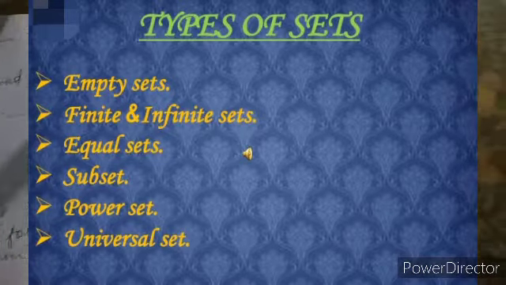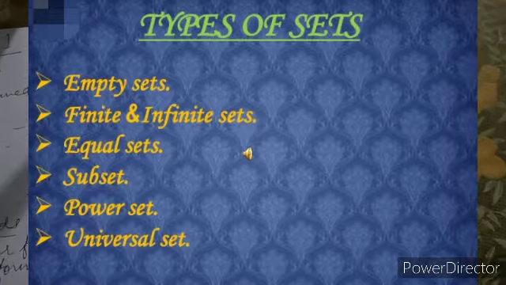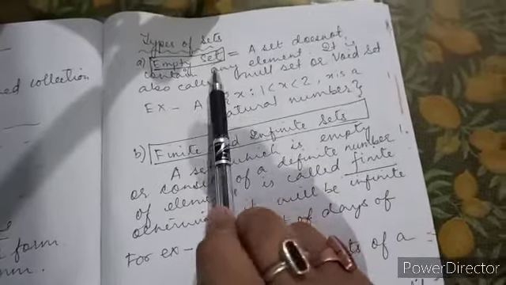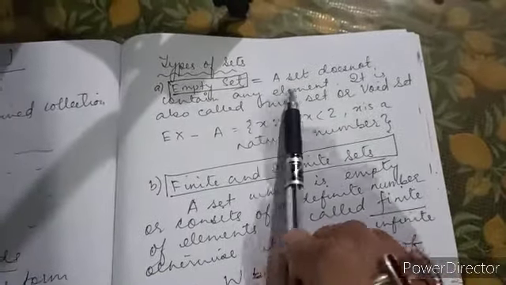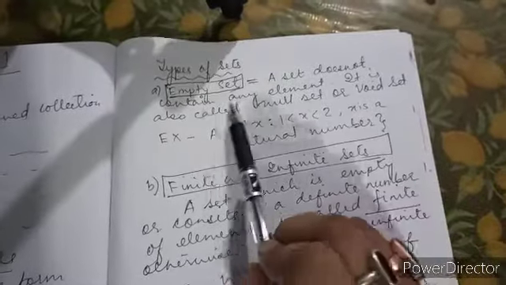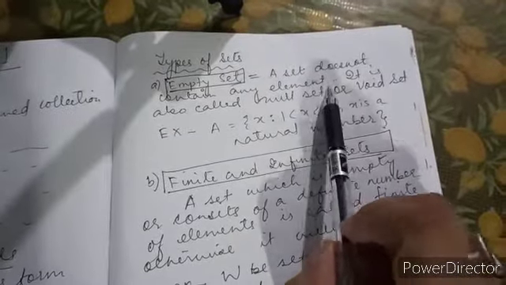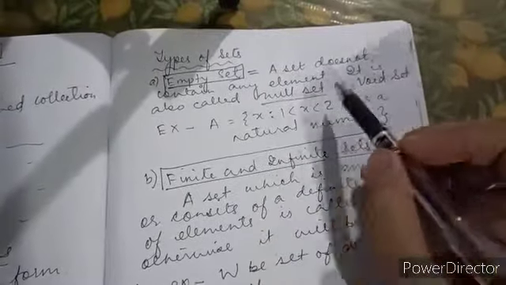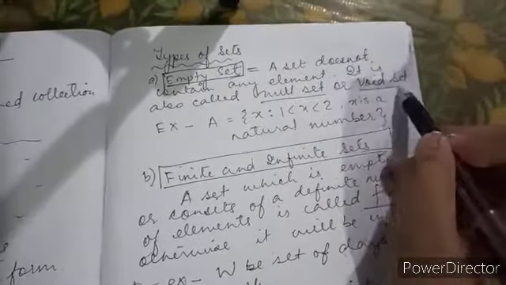Now let us see the different types of sets. First is the empty set. What do we mean by an empty set? A set which does not contain any elements. Another name for the empty set is null set or void set.